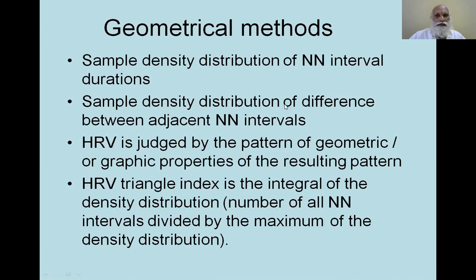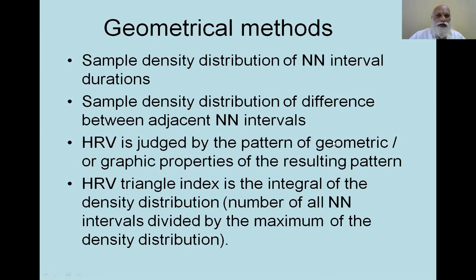Now, the sample density distribution of the difference between adjacent NN intervals. You need the NN intervals and the difference between adjacent intervals calculated, and then their sample density distribution is also analyzed geometrically. Whether you use the NN intervals directly or the difference between NN intervals, the sample density distribution can be plotted.